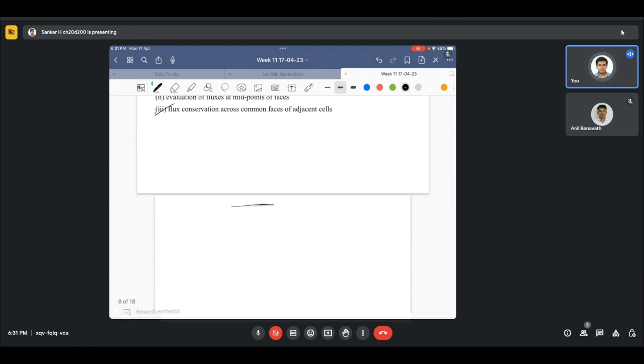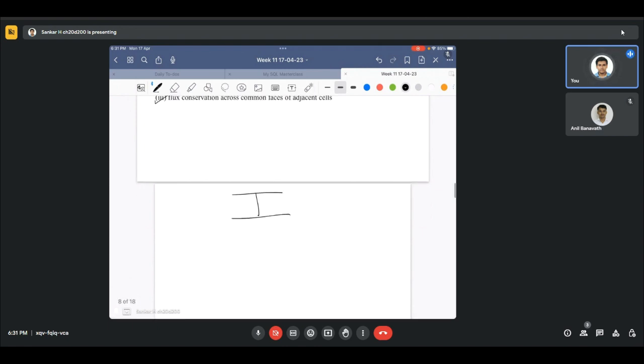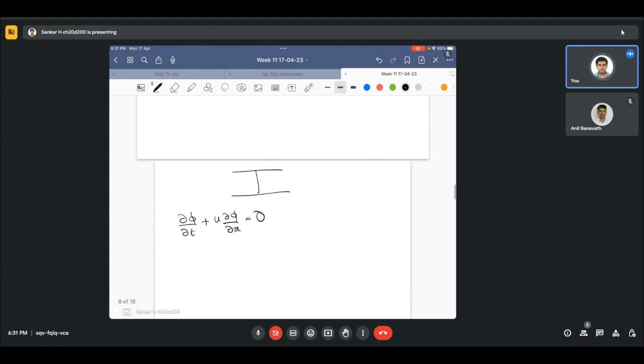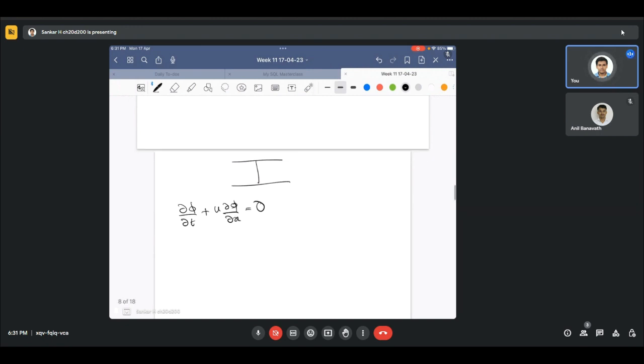So let's look at the discretization of a scalar transport equation given by ∂φ/∂t plus u ∂φ/∂x is equal to 0. Now we know that this is an unsteady convection equation of a transport property φ, and therefore we can discretize this using whatever schemes we have learned earlier and write this as (φ_i^(n+1) minus φ_i^n) by Δt plus u_i times (φ_i minus φ_(i-1)) by Δx.